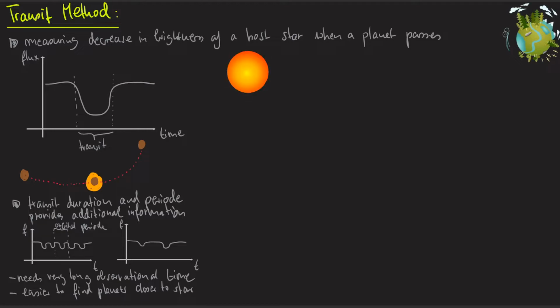Okay, so we have the star here. A star has a certain radius. And the transit duration is for the whole diameter.